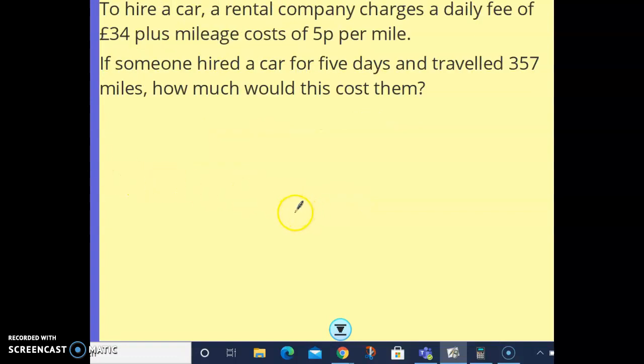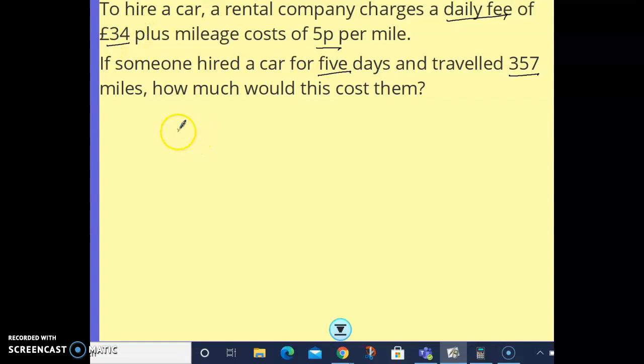Car hire one. To hire a car, a rental company charges a daily fee of £34. That's how much it is each day, plus a mileage of 5p per mile. If you hire a car for 5 days and travel 357 miles, how much would it cost them? So you're looking at 2 separate things here. We've got the daily fee of £34. We'll do that part first.